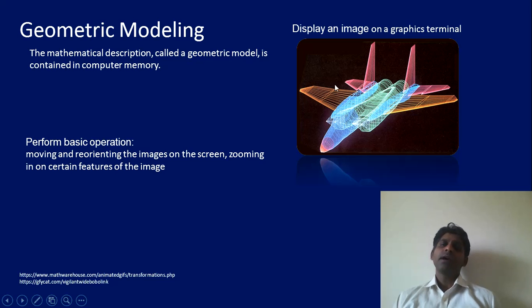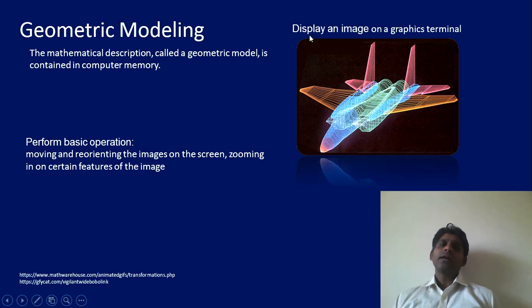Not only this kind of image, but in various angles, in various views of this, in various modes. Like, for example, we can see that here we have a wireframe model or wireframe mode of this particular model. So like this, there could be a solid mode wherein I can see the surfaces and it gives me a better picture.